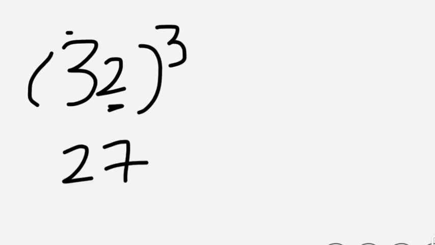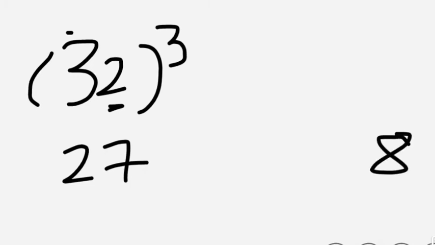So let me take another example in order to get a clear idea about this process. 32 cube, okay. First this is A and this is B, okay. 3 cube is 27 and 2 cube is 8, okay.